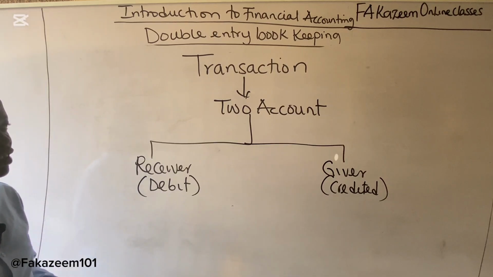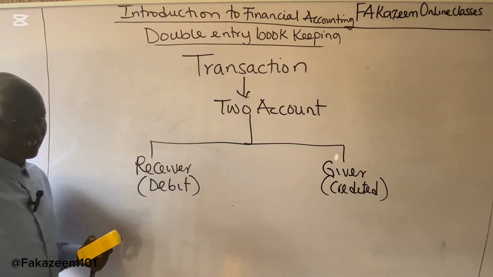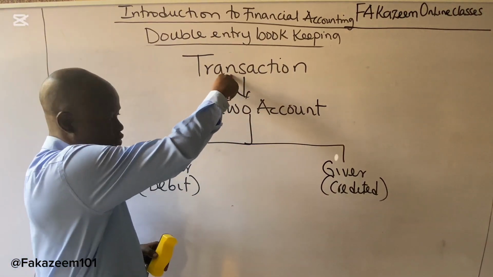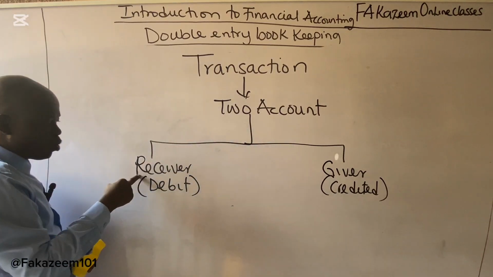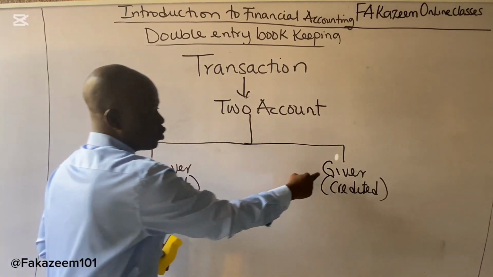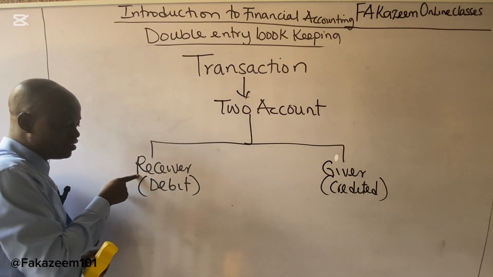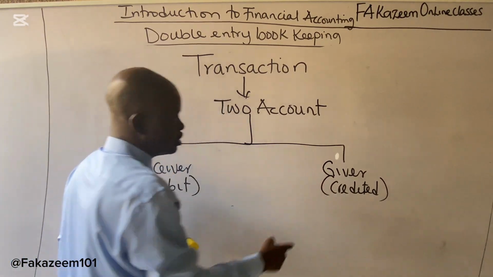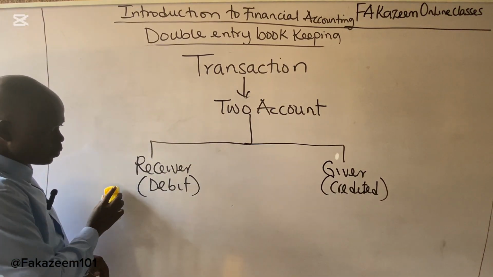Meaning, the process of recording a transaction in terms of double entry is that you will first identify two accounts in that transaction. In the two accounts that you identify, you record one for the receiver and the second one for the giver. The process of recording the receiver on the debit and also recording the giver on the credit is what is known as double entry.